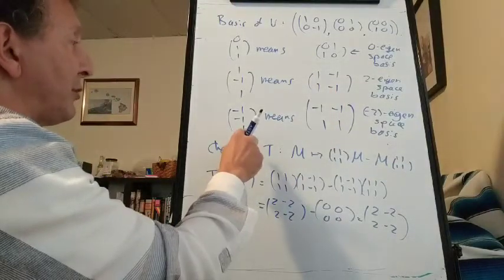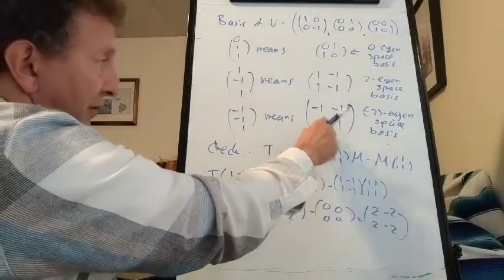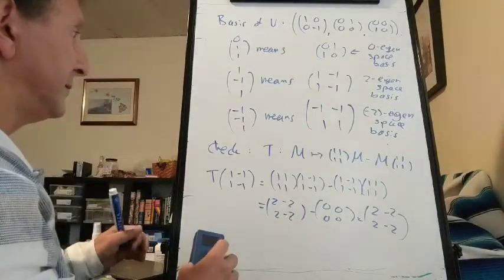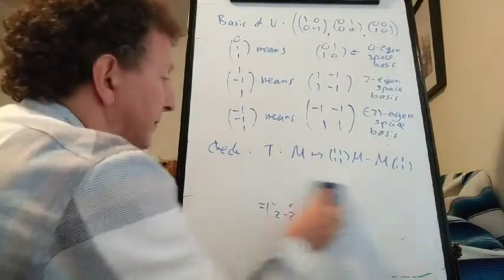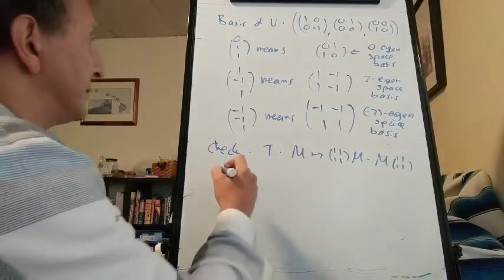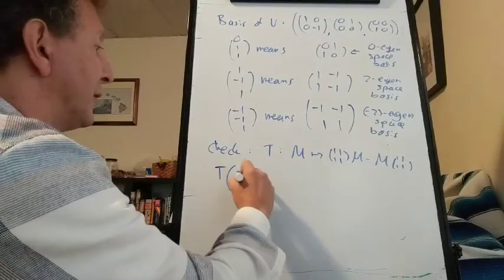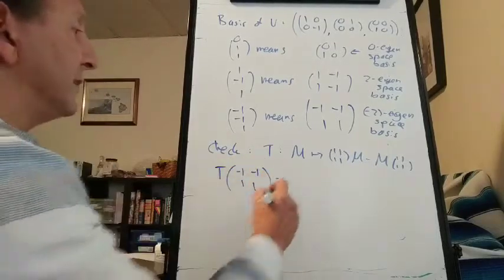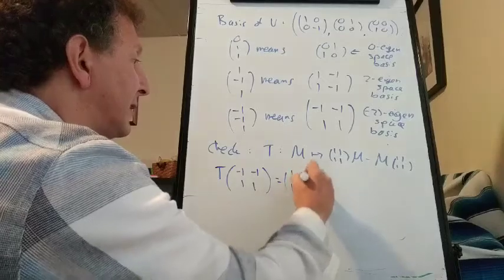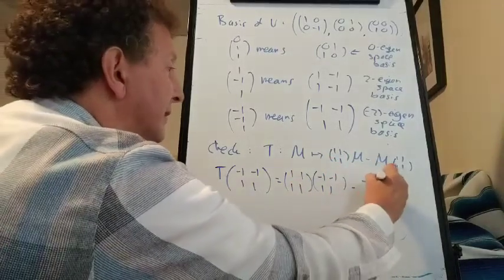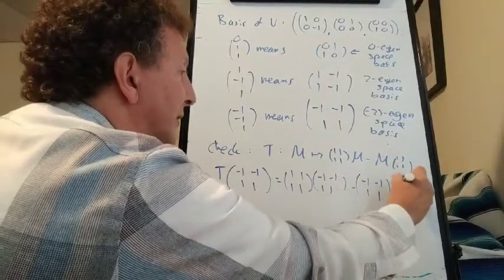Finally, let's see what happens when we apply T to this matrix. Make sure we get negative 2 times it. T times negative 1, negative 1, 1, 1 is the all ones matrix times it minus it times the all ones matrix.